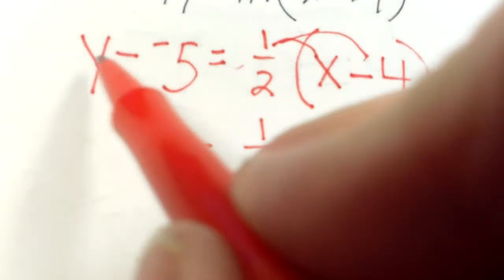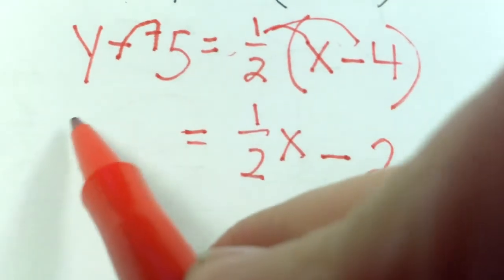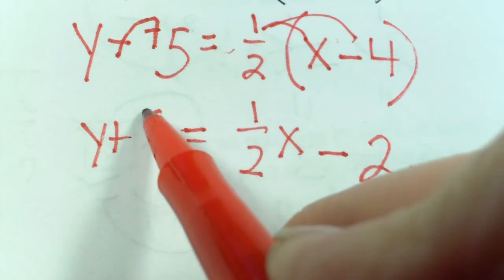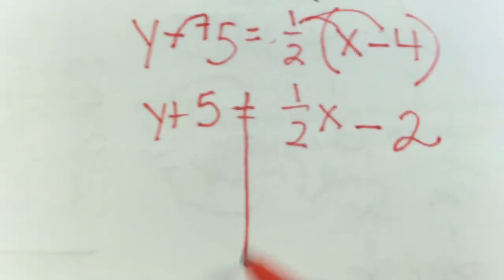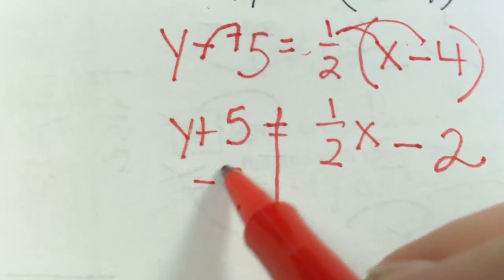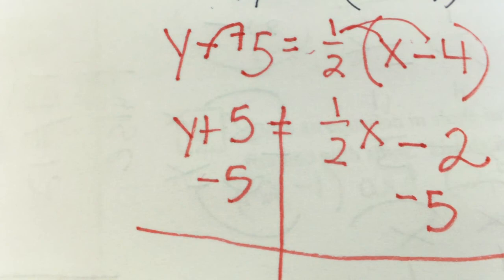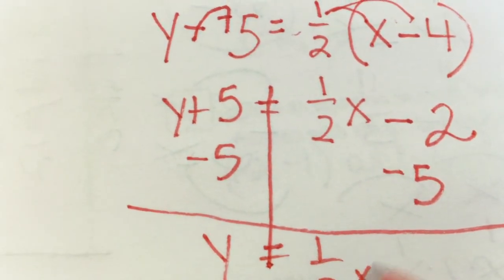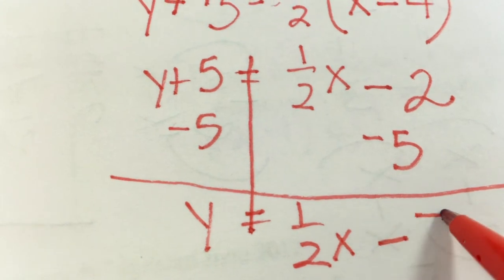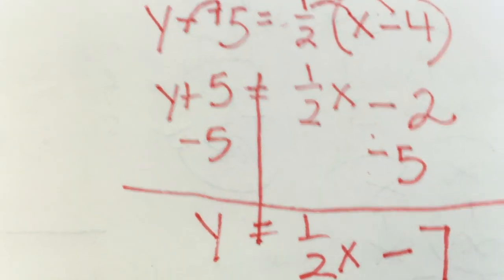Oh, look over here. We were subtracting a negative. We better add a positive. So this is y plus 5 now, isn't it? And if I want to get my y alone, I'm going to subtract 5 from both sides. And I'm going to get y equals 1/2 x minus 7, because 2 negatives and 5 negatives give you 7 negatives.